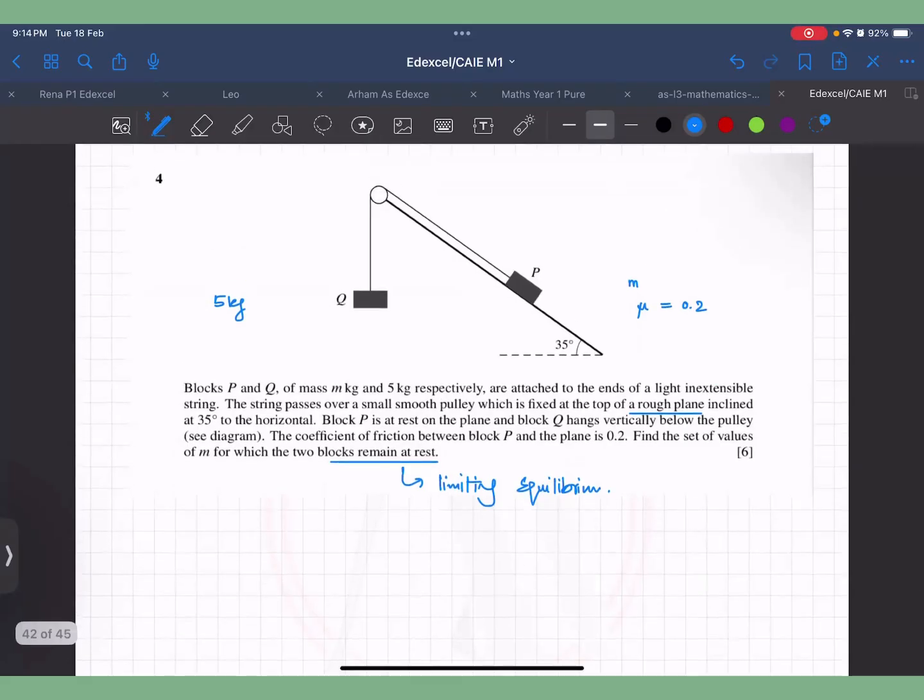Now for limiting equilibrium, there can be two situations: either Q goes up or Q goes down.